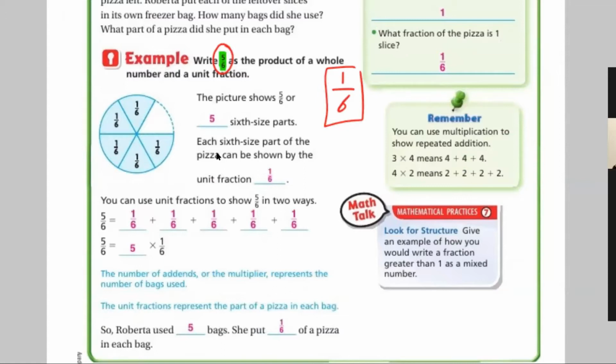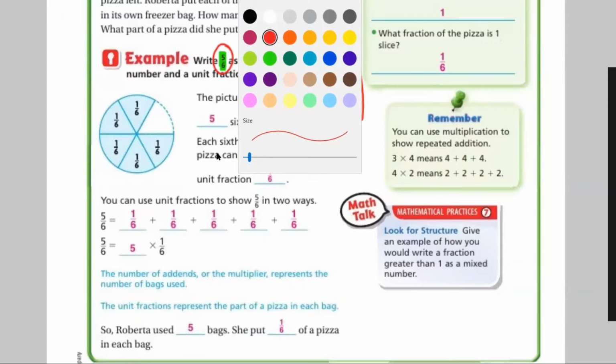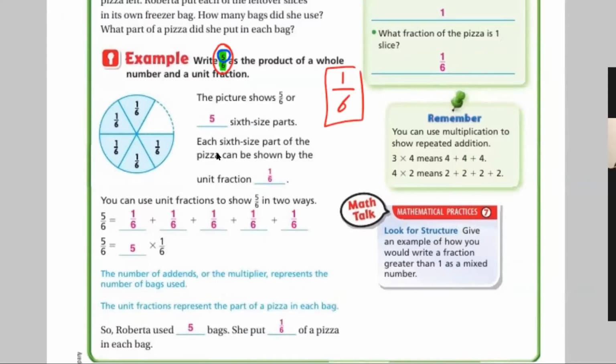And when we have a number up here, which is 5, the numerator, it means we're going to repeat 1 over 6 five times by addition: 1, 2, 3, 4, 5. If we want to convert that into multiplication, how can we multiply it? The fraction repeated is 1 over 6, so we put 1 over 6 as the same.